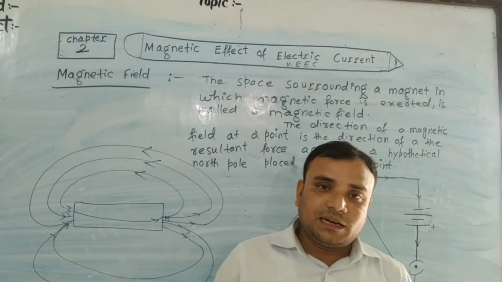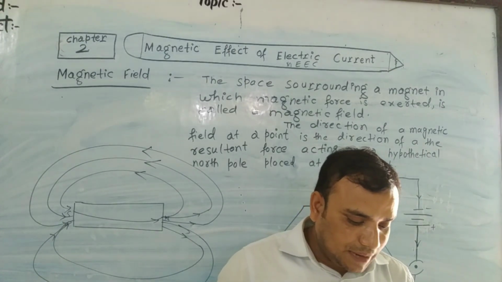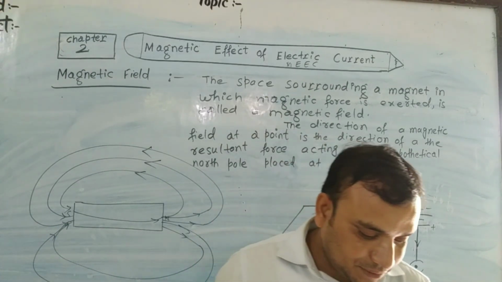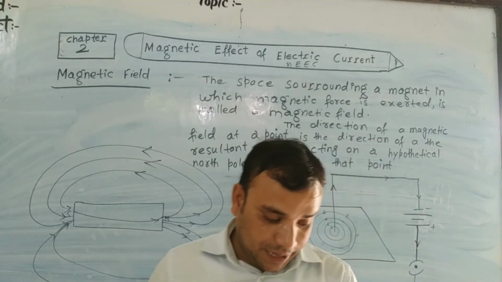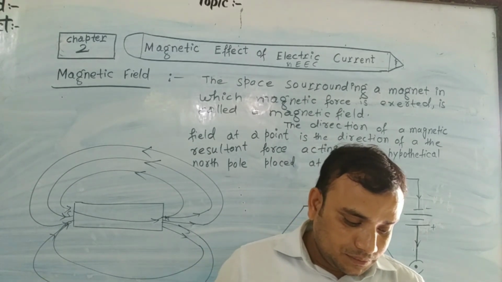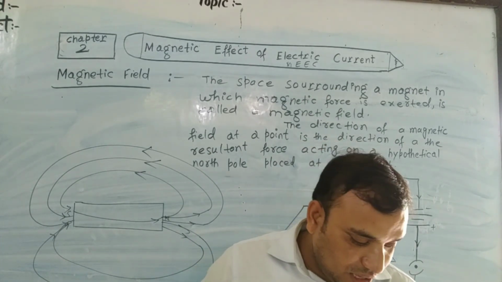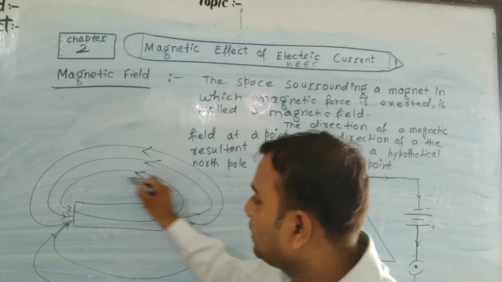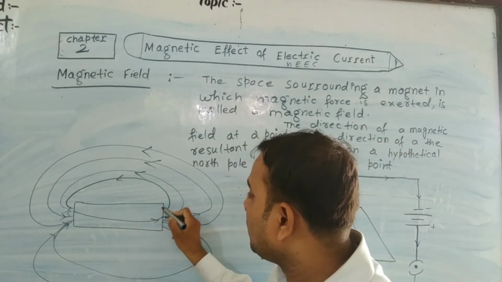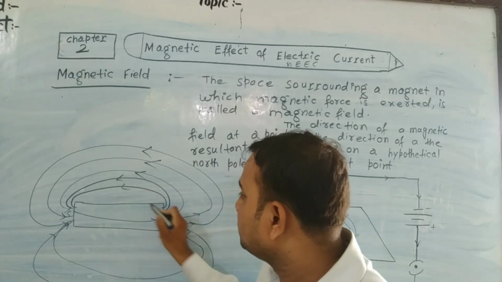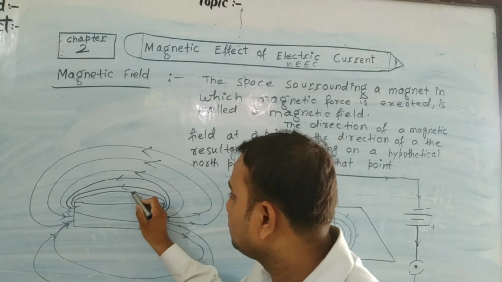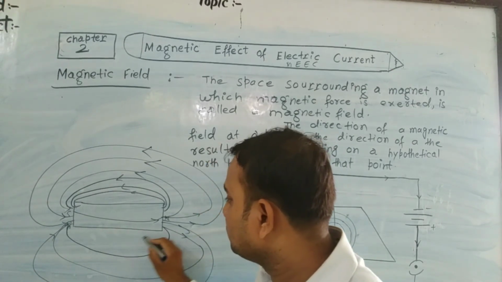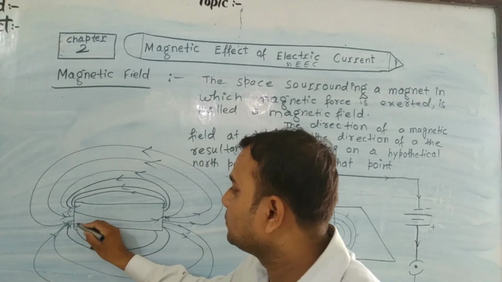Thus the magnetic field lines are closed curves. This type.